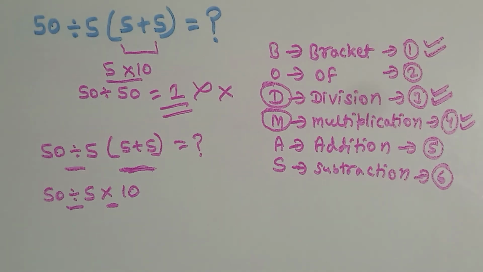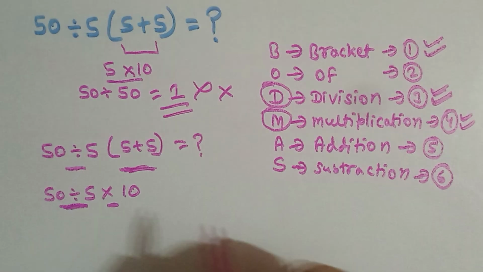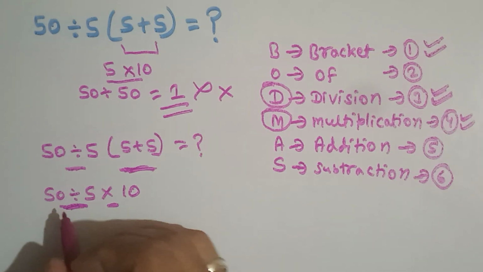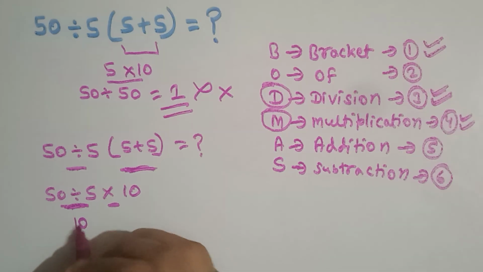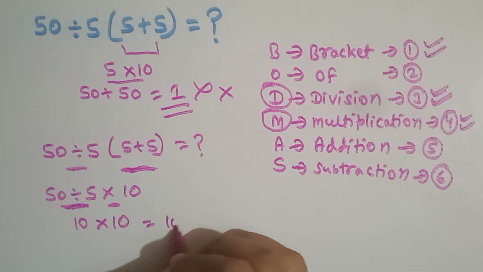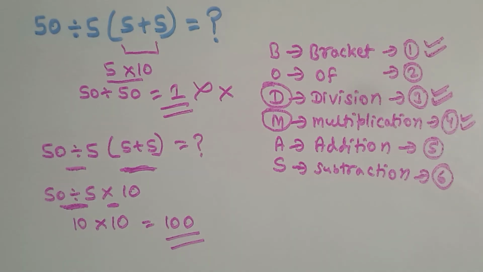So we should calculate the division part first. Simply calculate 50 divided by 5, which means 10. Write 10 here, and 10 times 10, what can we get? We can get 100, right? So 100 is the actual answer for this question.